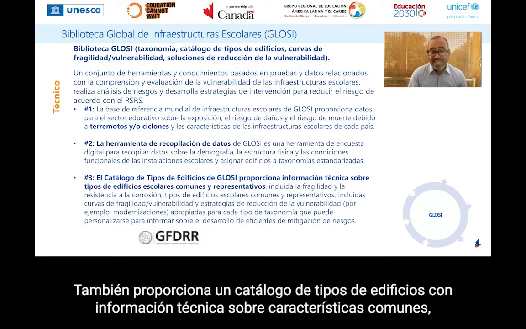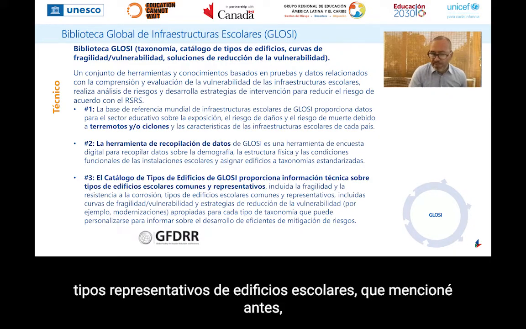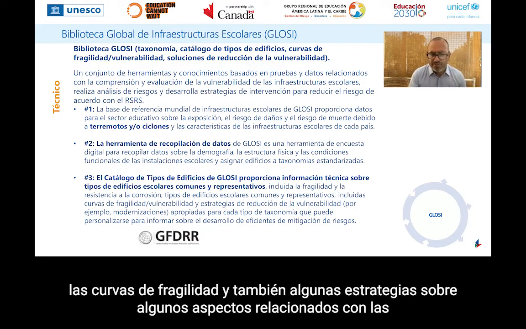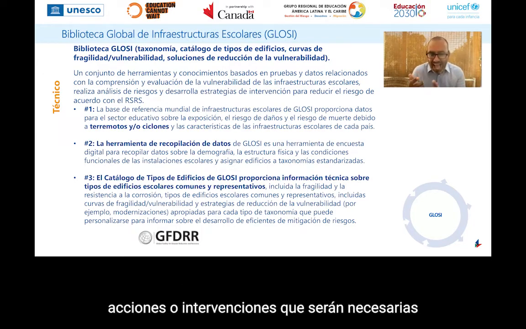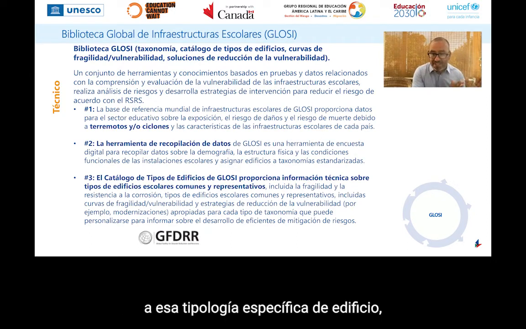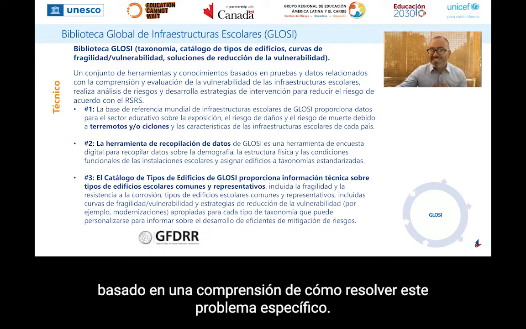It also provides a building type catalog with technical information on common representative school building types, which I mentioned before, that include the fragility curves, and also some strategies about appropriate actions or interventions that will be required for that specific typology of building.